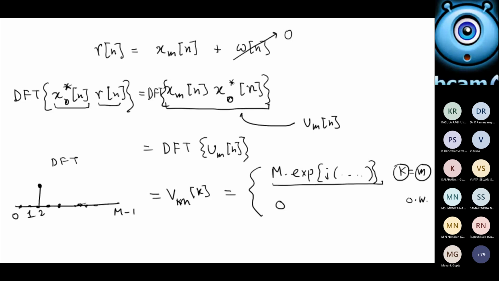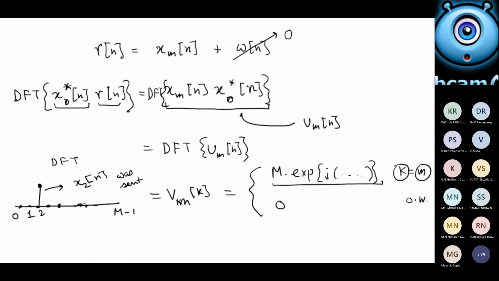So in that case, we would declare that the second symbol, the second chirp, number 2, was sent. So this is how the DFT-based demodulation of CSS would work in a noiseless channel.